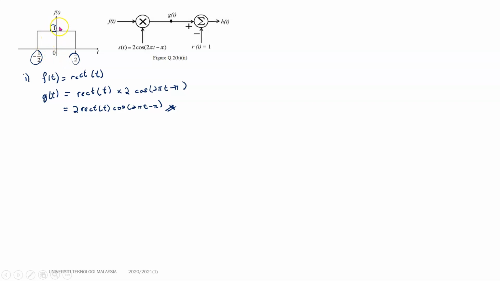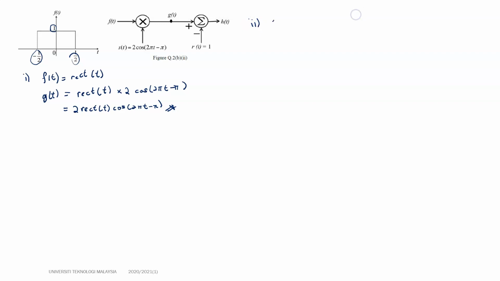And the magnitude also has to be multiplied together, which is 1 multiplied by 2. So now we draw 2 cos 2 pi t minus pi. In order to draw this, we need to know the duration of this function.